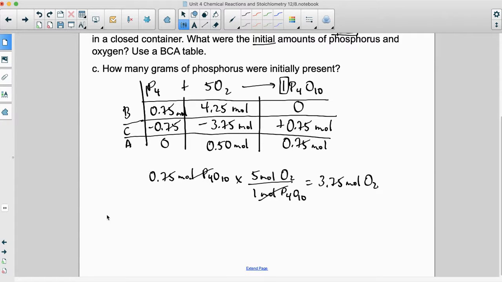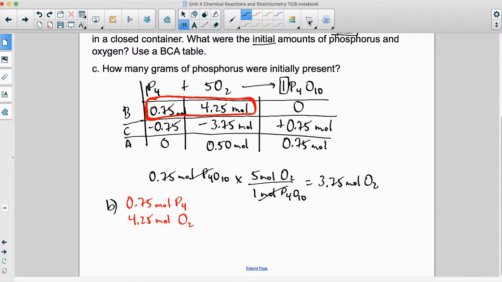So the answer to part B, we can answer that right here with these numbers. Okay, so we can say that the initial amounts were 0.75 moles of P4 and 4.25 moles of O2.